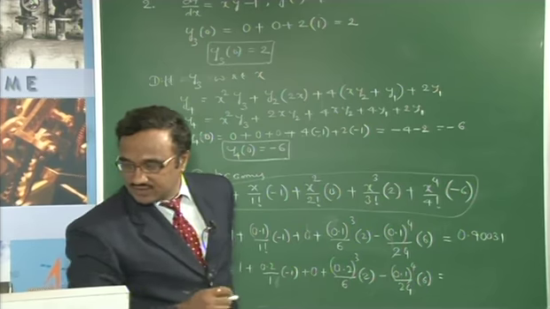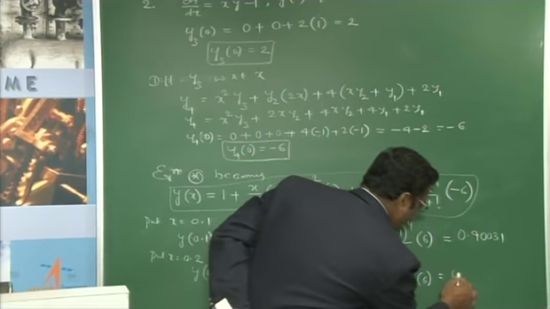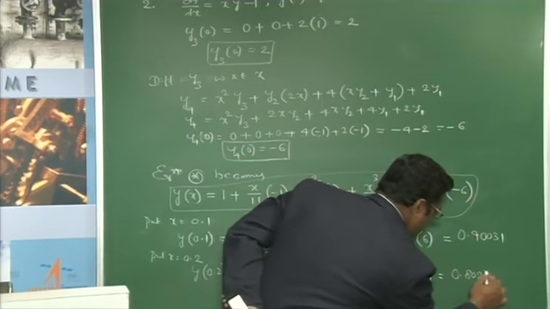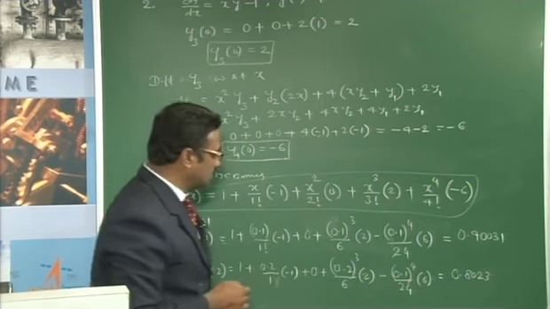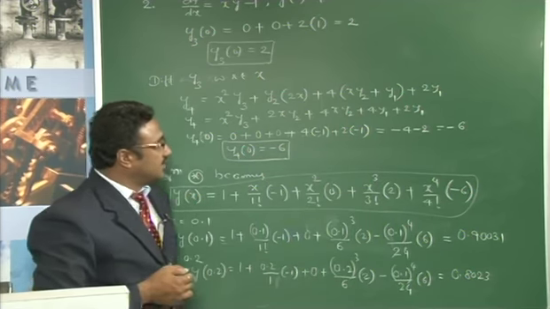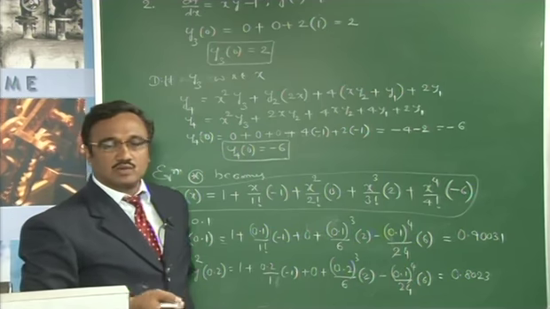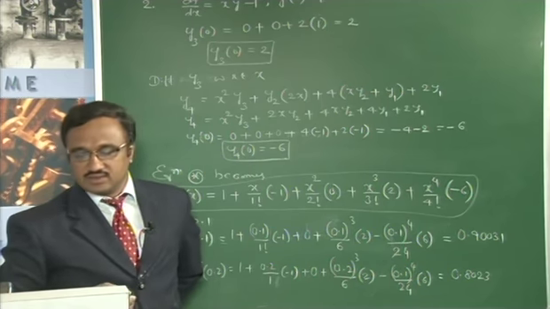Again using this we get 0.8023. So this is the way we can solve the initial value problems by Taylor series method.